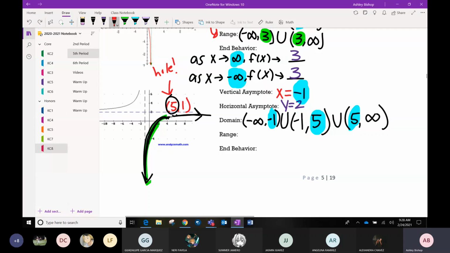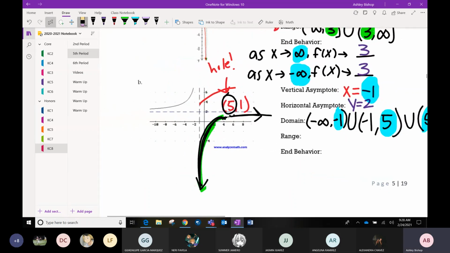Alrighty, and it makes your range similar. It makes my range similar. So let's do it all over again with our range. Your range is how far low and how far high your graph goes. I hope you agree with me that these graphs will always go down to negative infinity.